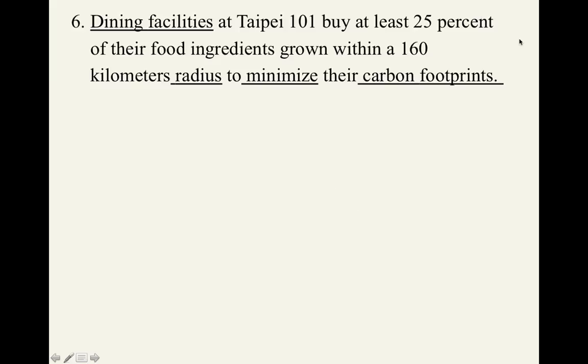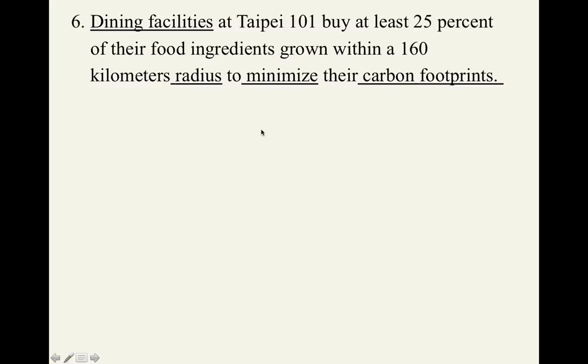Carbon footprints means 碳足迹, which means, because they buy something in a certain area, and the area is quite near to their facilities, then the transportation will not emit a lot of air pollutants. So that's why it can minimize the carbon footprints. And later on I will explain what dining facility, radius and minimize are.